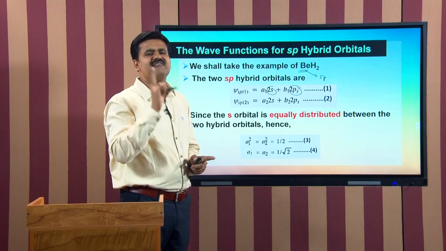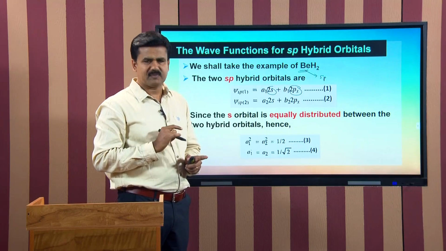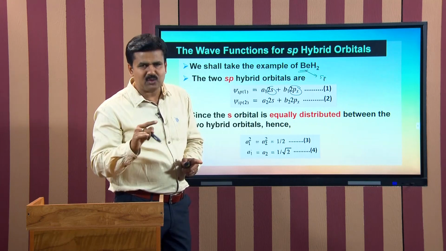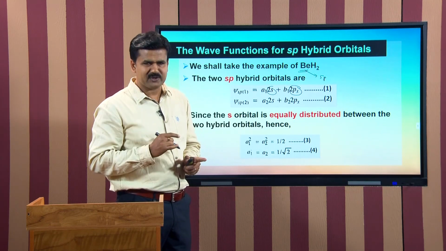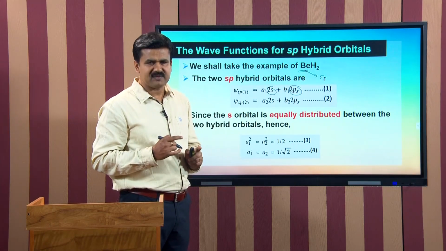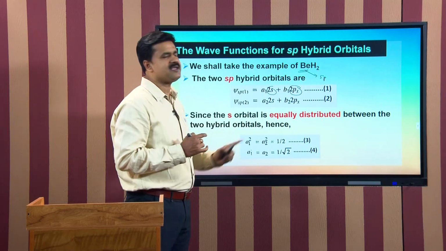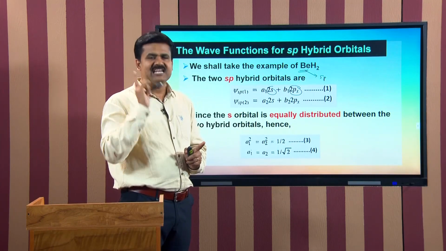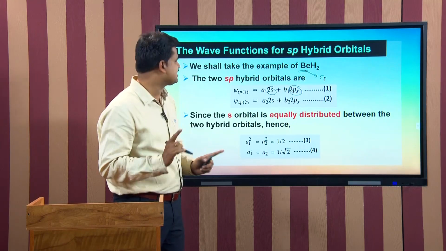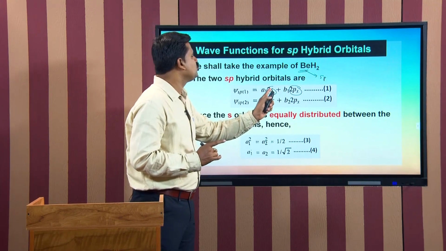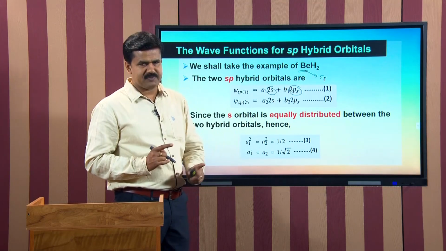Thus, we have to get two sp hybrid orbitals because the number of orbitals taking part in hybridization equals the number of hybrid orbitals produced. So, these are the two wave functions of the hybrid orbitals. I mark them as psi sp1 and psi sp2, and a hybrid orbital must be a linear combination of atomic orbitals. Thus, I am writing psi sp1 is equal to a1 2s plus b1 2px.